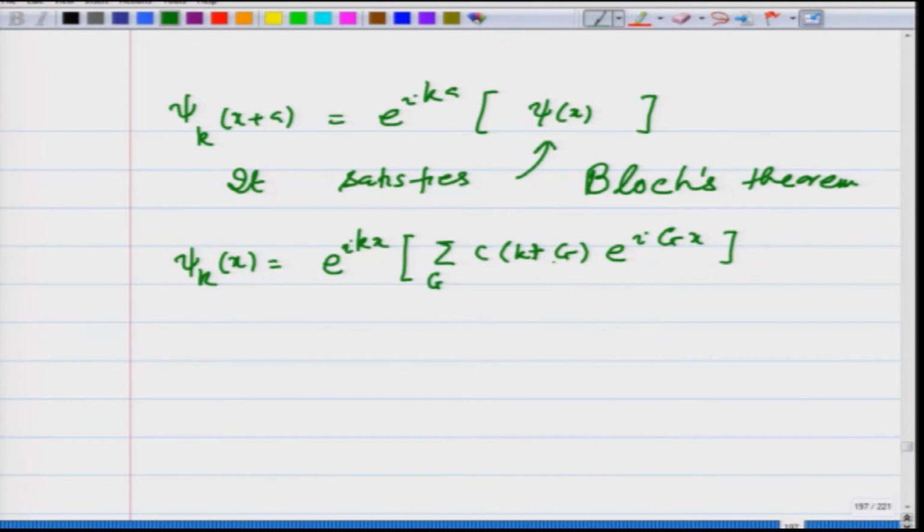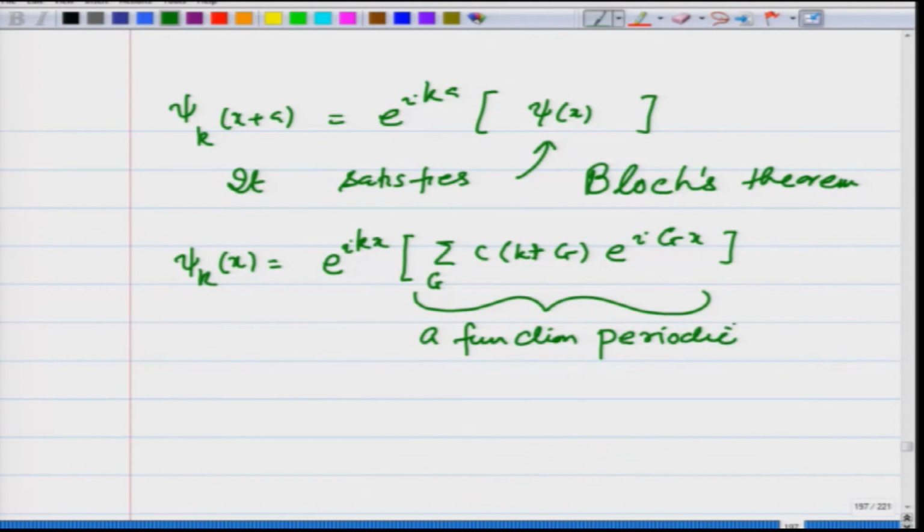G equals 0 is also included because c_k is included here, and this is a function periodic with periodicity 2 pi over g, which is a. So, this is another way of writing the Bloch's theorem.